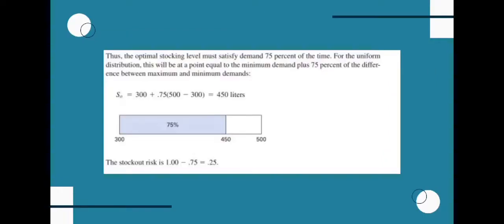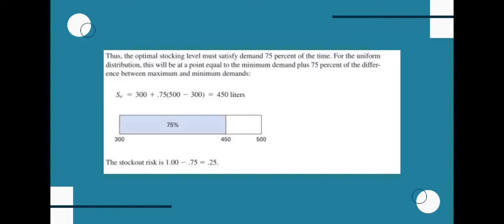Thus, the optimal stocking level must satisfy demand 75% of the time. For the uniform distribution, this will be at a point equal to the minimum demand plus 75% of the difference between maximum and minimum demand.